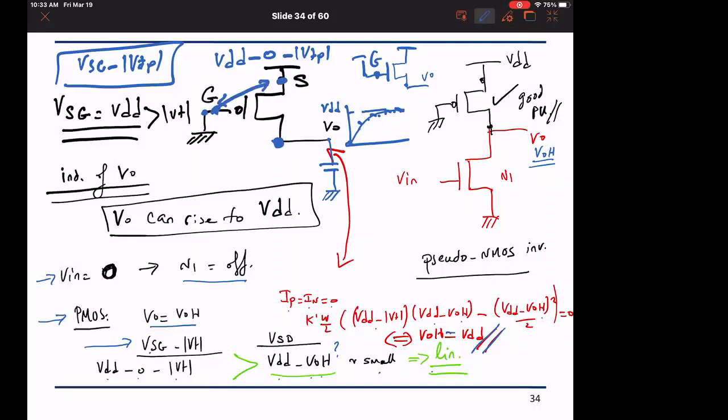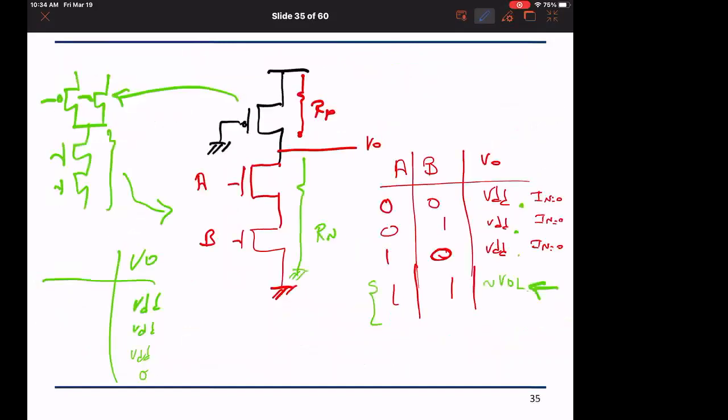This is VSG, and it is always guaranteed that it is high. So the channel is always on, until VO hits VDD, because then VDS is zero and I cannot go beyond the supply voltage. So the current will become zero when VOH becomes equal to VDD because it has charged fully. Okay? That's what we meant to say. Thank you. You're welcome.